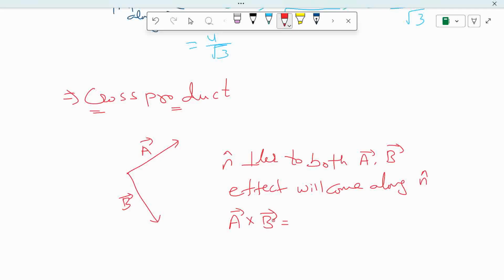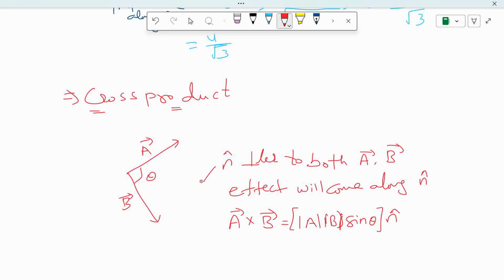Now, this will be equal to magnitude and sine theta. This is the angle theta. So this is the magnitude, and n cap is the direction multiplied with the unit vectors.